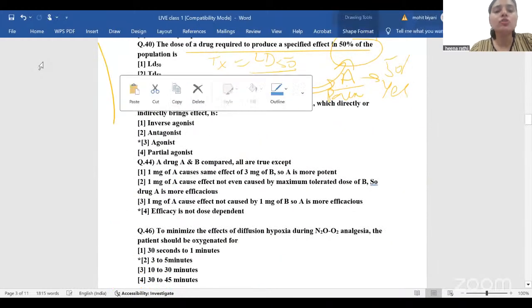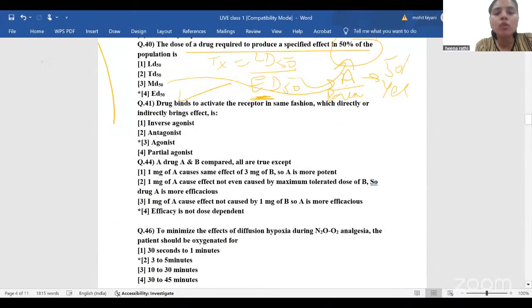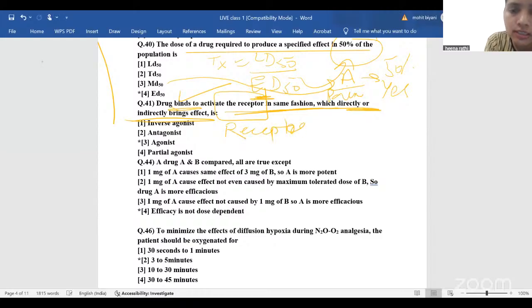Drug binds to activate the receptor in the same fashion, which directly or indirectly brings the effect. What is the receptor? Receptor is the receiving end. Ligand is that which binds to that receptor. The receptor will receive the ligand, or will have the binding site for the ligand.